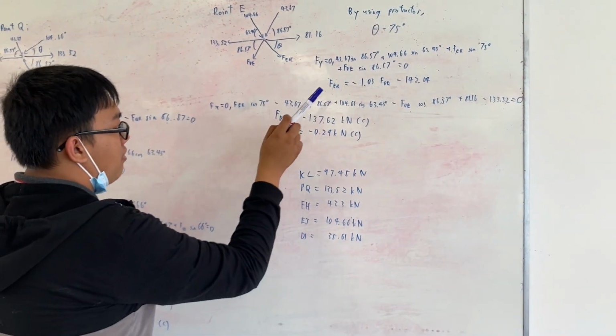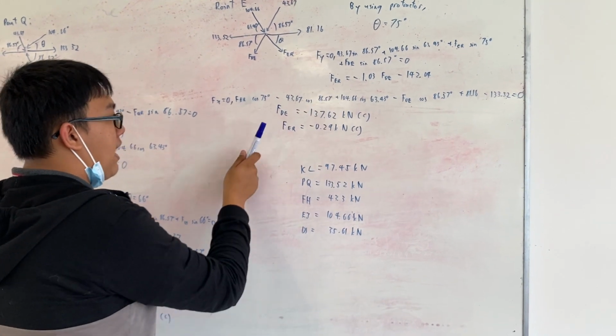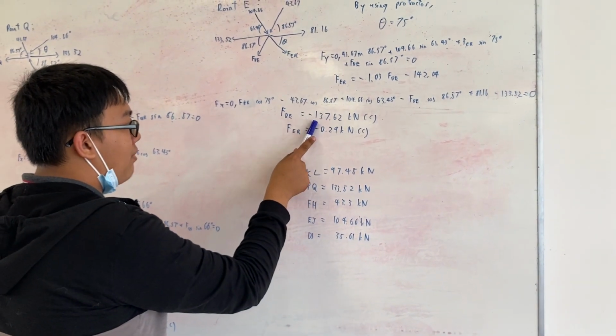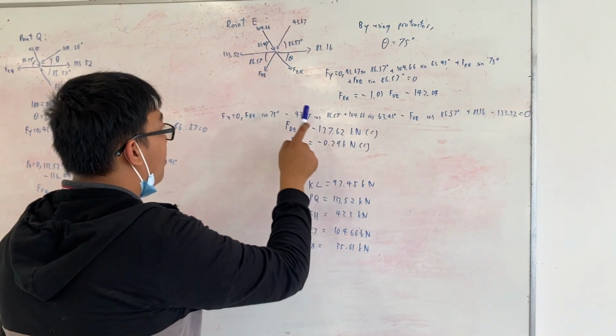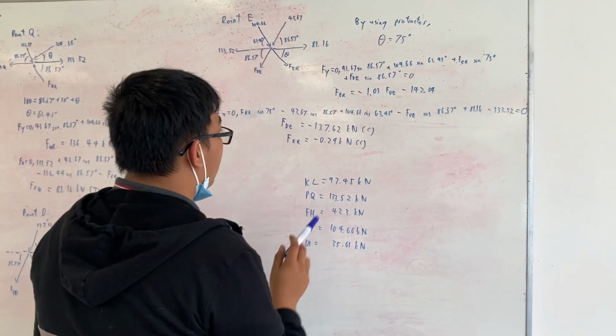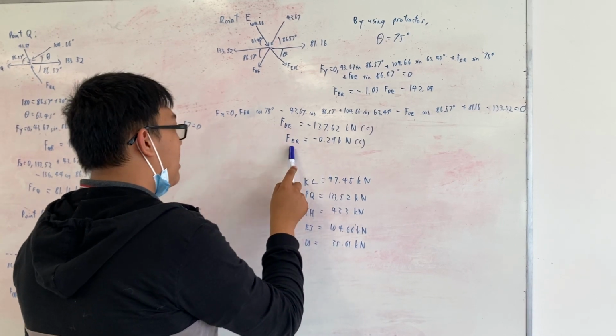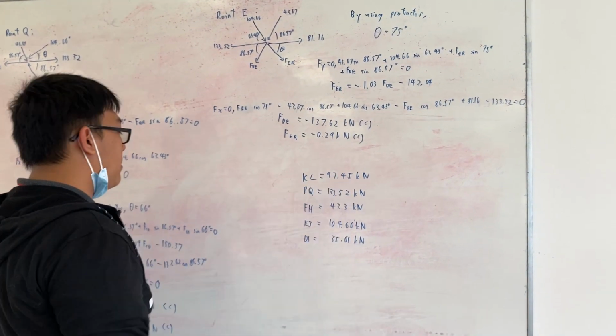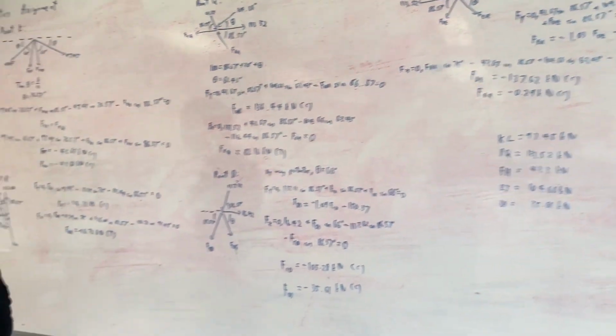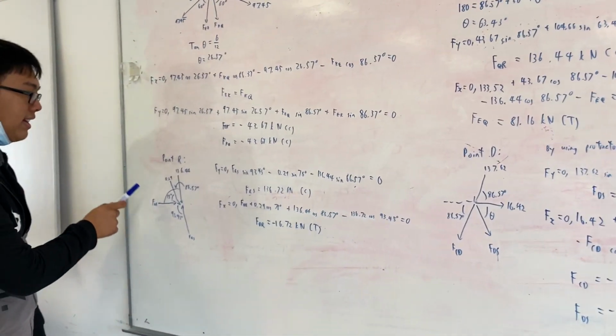And then using both of these equations, we can determine that FDE is equal to negative 137.62 kilonewtons, which is a compressive force. With that, we can also derive that FER is equal to negative 0.29 kilonewtons, which is also a compressive force. After that, we will move to point R.